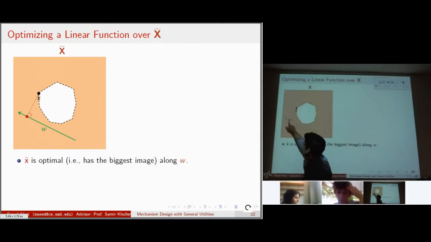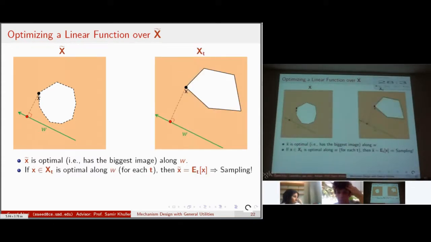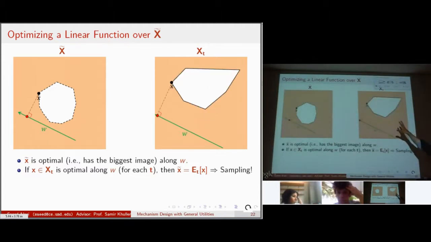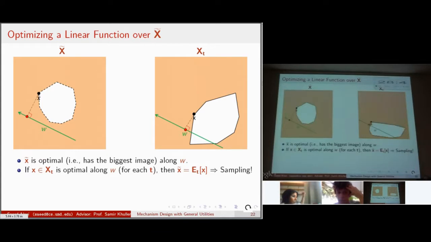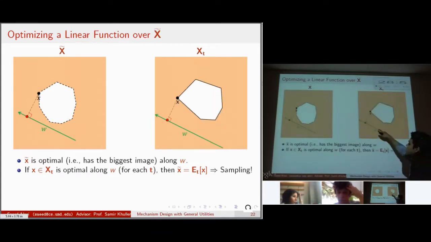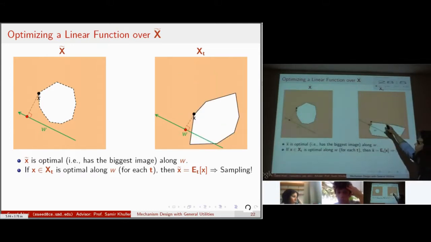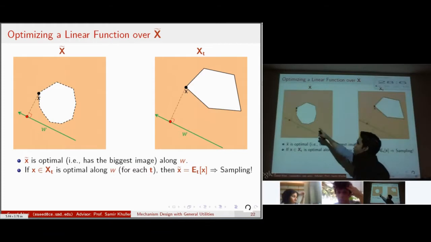If you take the image along this vector, it has the biggest image. So it turns out that if you want to optimize along some direction, you better optimize along that direction in every realization of this stochastic polytope. In fact, if you take the optimal vertex which goes in this direction and take the expectation of this X, you get exactly this vertex.